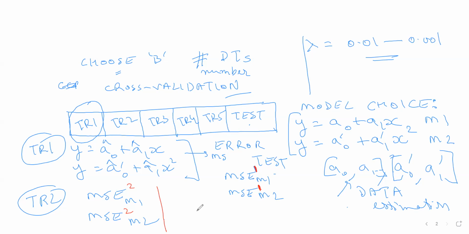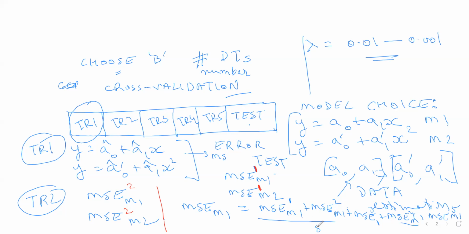So if I want to ask the question, what is the overall MSE for model 1? It is the MSE for model 1 for the first train data plus MSE for model 1 for the second train data plus MSE for model 1 for the third train data plus the fourth train data plus the fifth train data, this whole thing divided by 5.